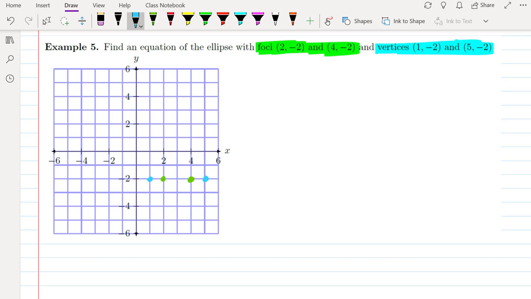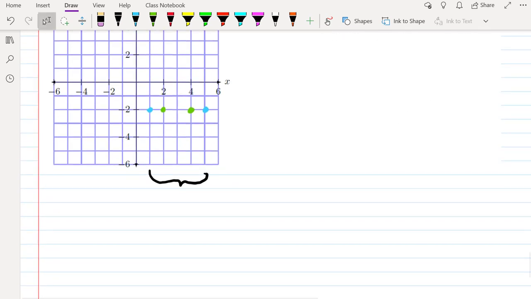So we have an ellipse that looks like this. All of these are on the major axis. Our major axis is going to be right here, and the length of the major axis is this distance from here to here.